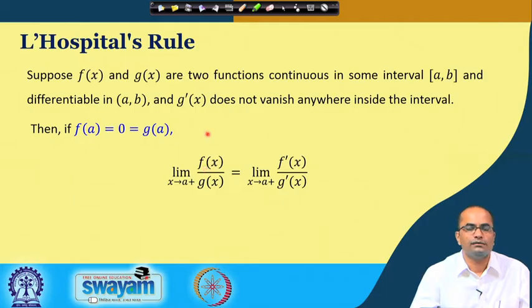But if we take this limit, this rule says that this limiting value is equal to the limiting value of the ratio of the derivatives.